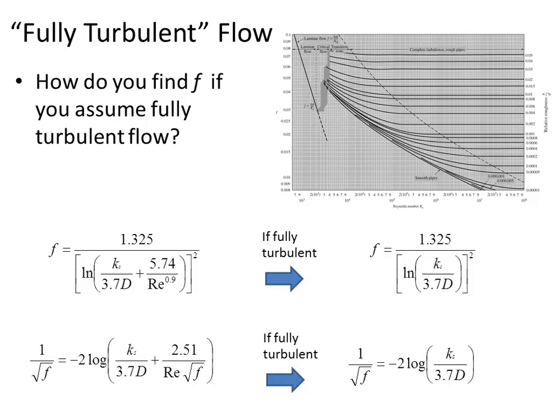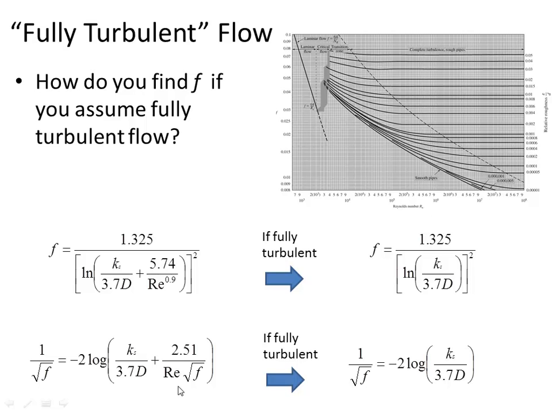And then once we have the guess value of F, we can use it to calculate the actual velocity and then see if that was a good assumption. We would always need to check to see if it's fully turbulent flow like we thought it was. And how do you know if it's fully turbulent flow? Well, you would calculate a new updated F value based on the full version of the Jain equation or the Colebrook equation.